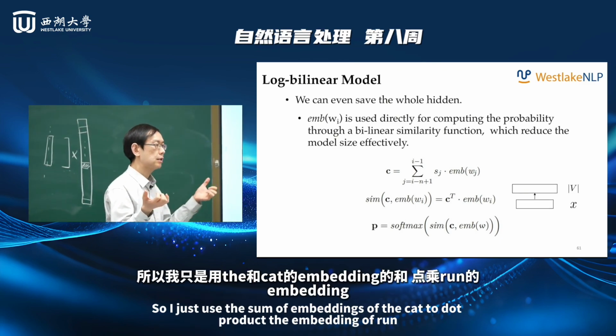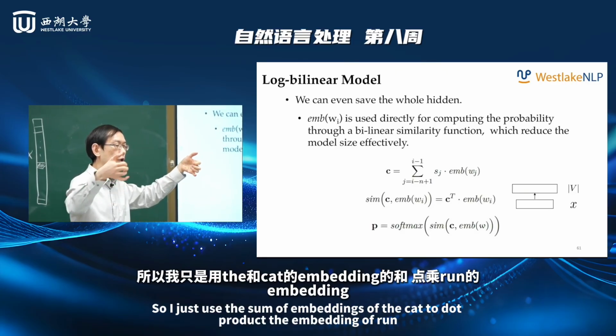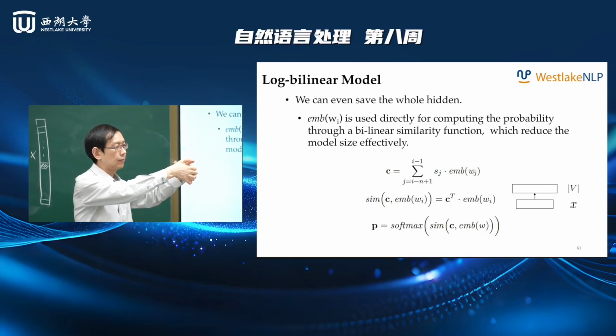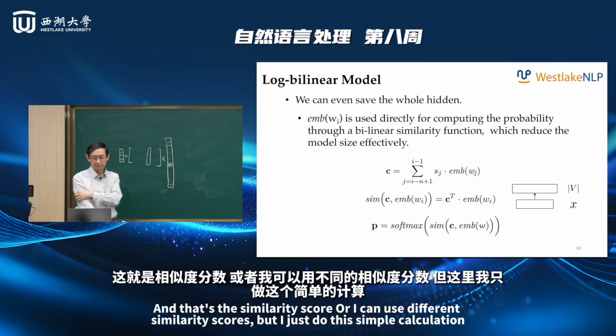So I just use the sum of embeddings of the cat to dot product with the embedding of run, and that's the similarity score. Or I can use different similarity scores, but I just do this simple calculation.